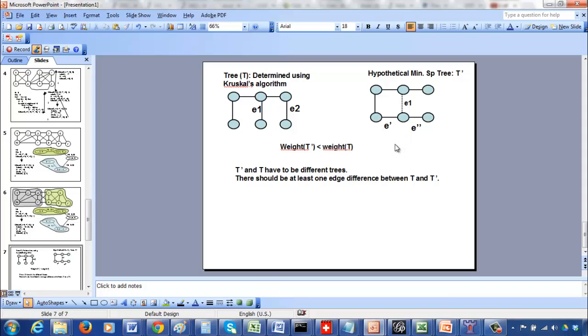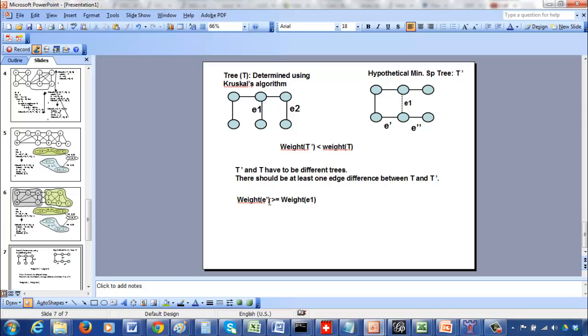So we could now compare the weight of this edge E prime and E1. How would you compare the weight of E prime and the weight of E1? We can claim that the weight of E prime has to be greater than or equal to the weight of E1.